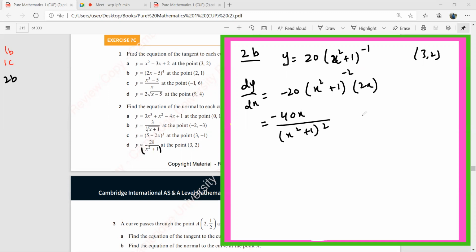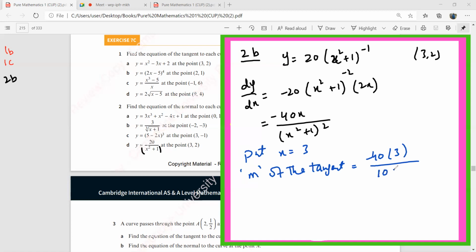Now you will put x equal to 3. You must write it every time: this is going to give you the gradient of the tangent. So that is minus 40 into 3 over (3 square is 9 plus 1 is 10, and 10 square is) 100.